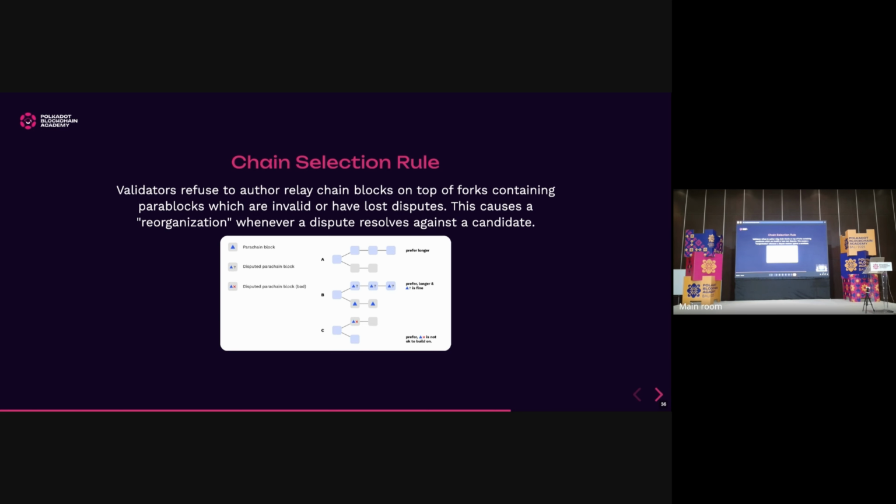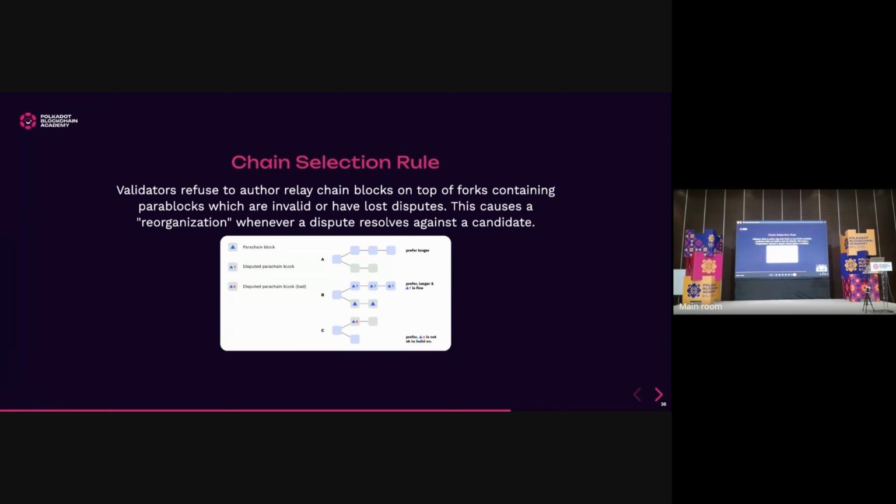Then you can have forks sometimes. In this case, the collators will send two competing parachain blocks to the backers. Then the backers, based on their preferences, whoever receives it first, will back one or the other if both appear valid. But effectively, only one of them will proceed forward through the pipeline.